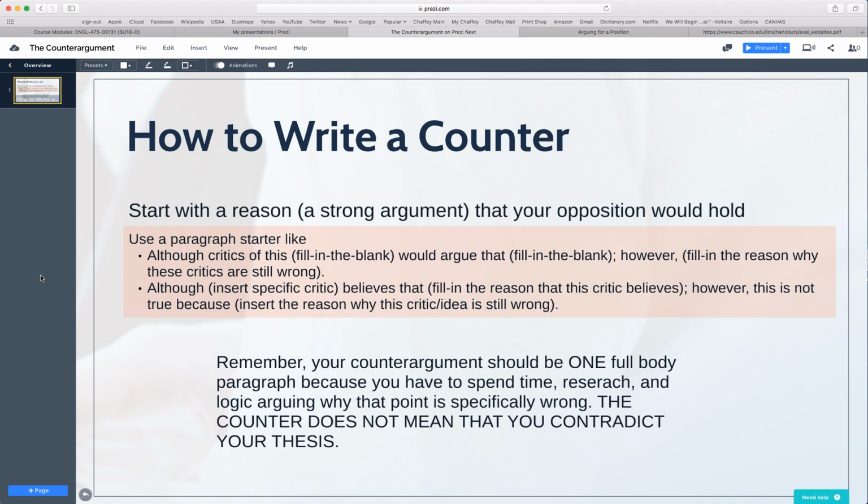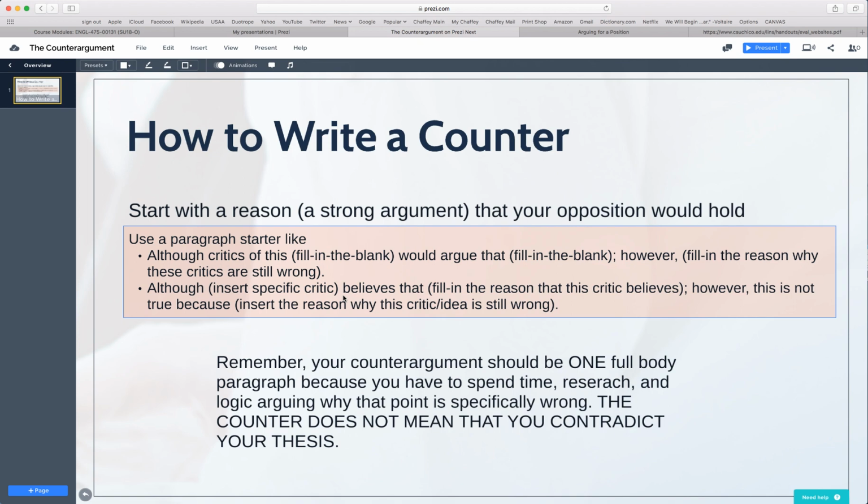And then I might use a paragraph starter, like one of these two things. Although critics of this, and then whatever it is, would argue that, and again, you have to fill in the blank depending on your topic. However, here's the reason why these critics are still wrong. So again, this is just a sentence starter to help you a little bit. In the second version here, you can insert a specific critic.